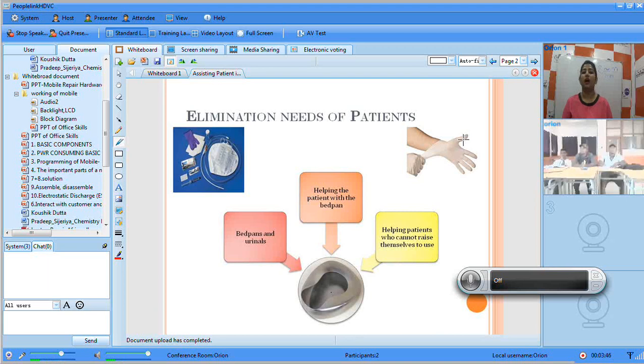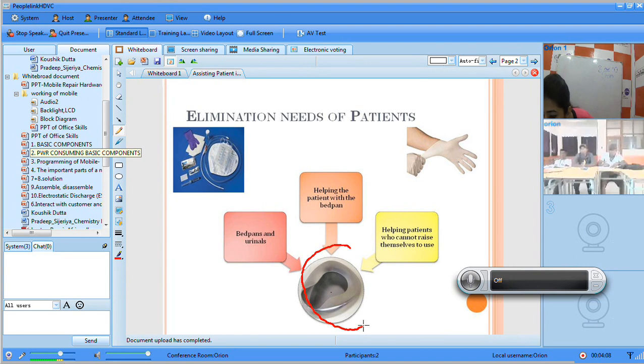Some patients are very ill. They cannot go to the bathroom from their bed. So, those patients need to be provided with urinals or bedpans in their bed itself. As you can see in the picture, I am marking it.